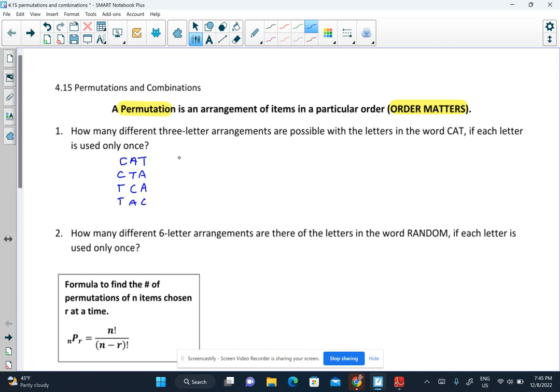We can also do ACT and ATC. And I think that's the last of them. There are no other options. So we have 6 ways that we can arrange the letters in cat.